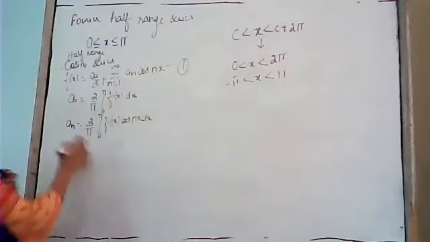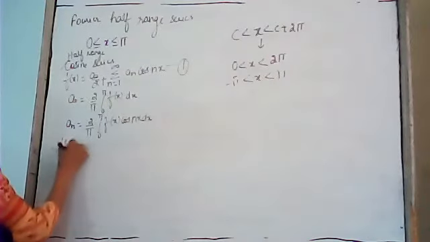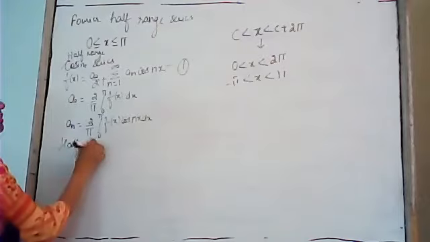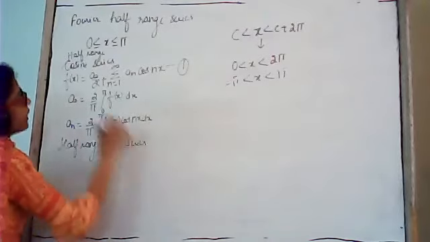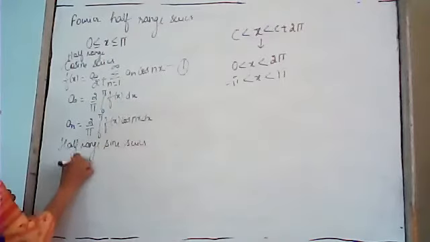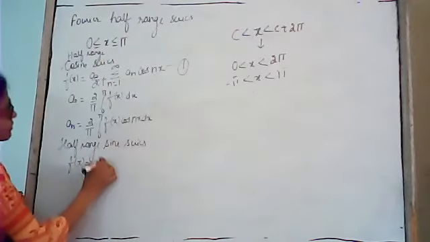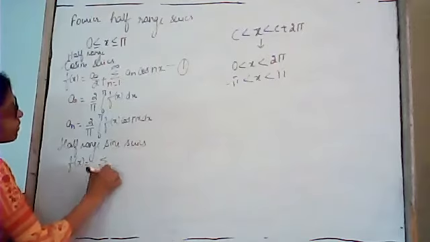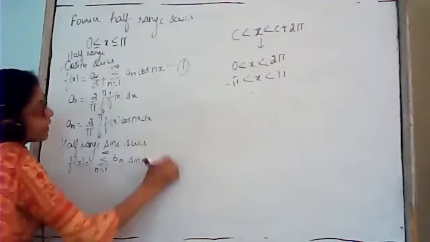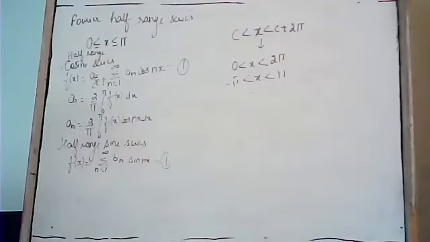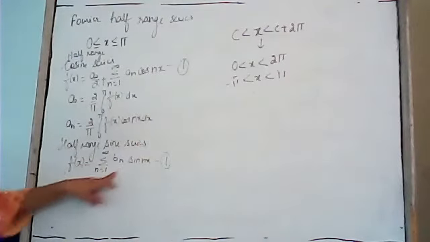After that, the Fourier half range sine series. In the Fourier half range sine series, we will be having f(x) as summation n varies from 1 to infinity b_n sine of nx. Only one term will be there, that is b_n.